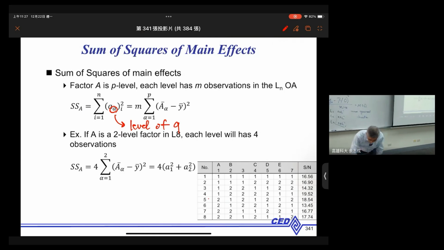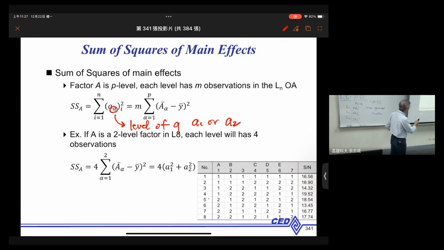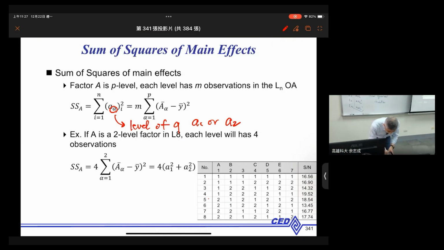So there are only A1 or A2. What is I? I is the number of experiments. We have 8 experiments, so here n is equal to 8.